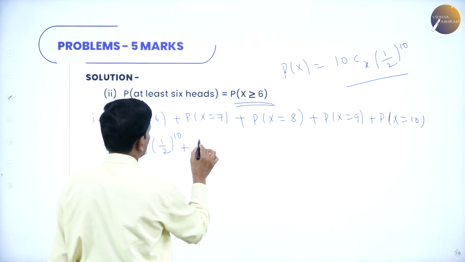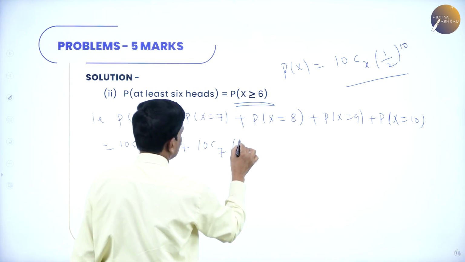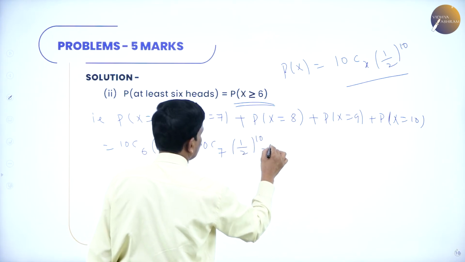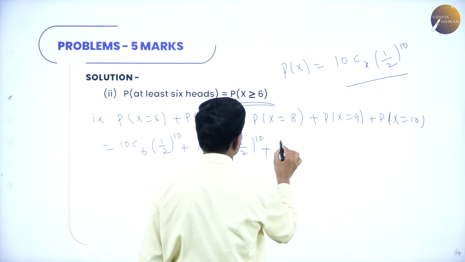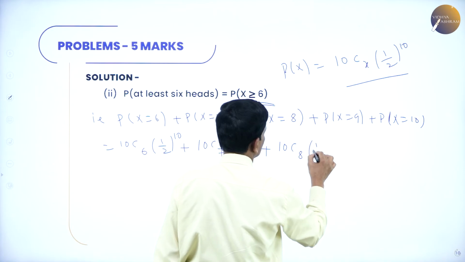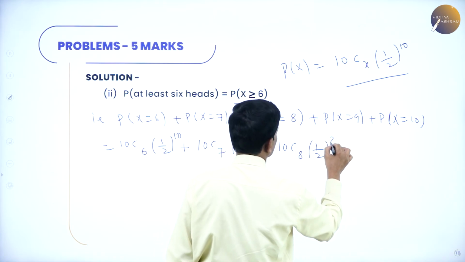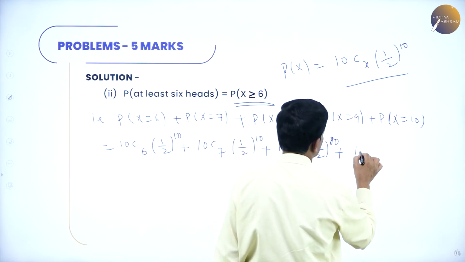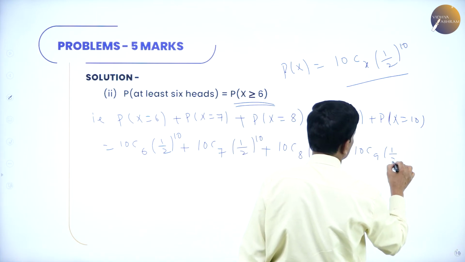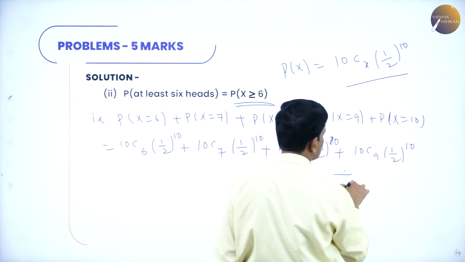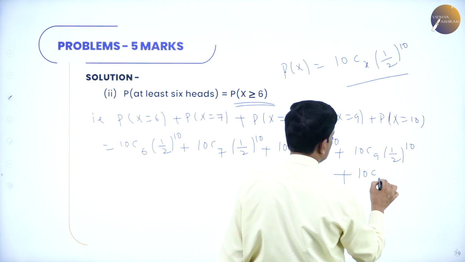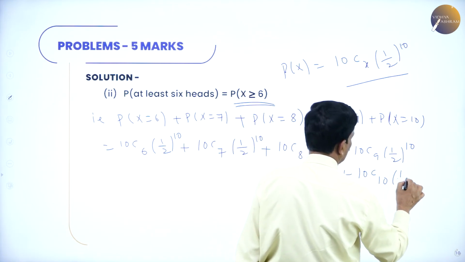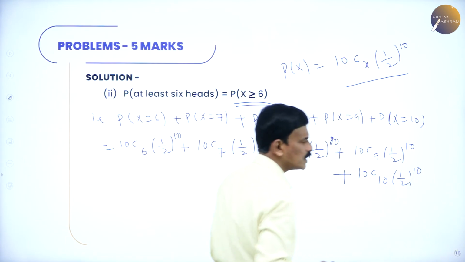When x is equal to 7, 10C7 (1/2)^10. When x is equal to 8, 10C8 (1/2)^10, it is same, plus when x is equal to 9, 10C9 (1/2)^10, plus when x is equal to 10, 10C10 (1/2)^10.